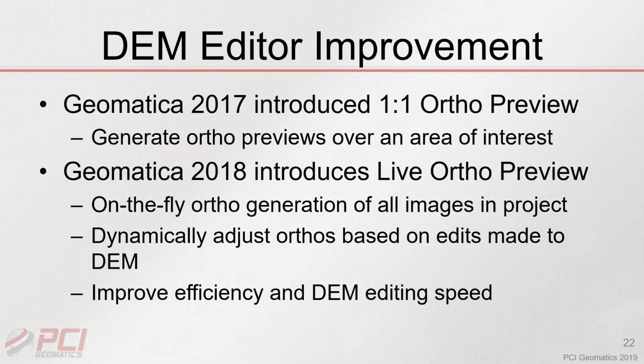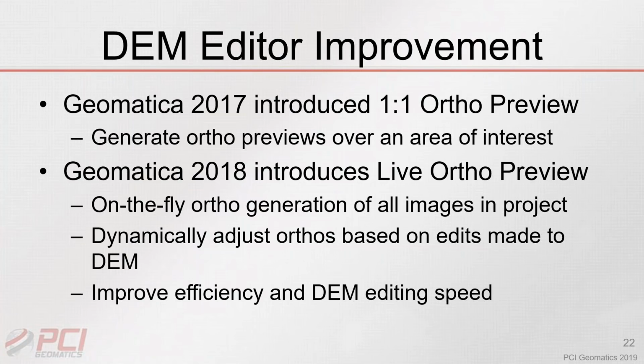In 2018, which is the current release of the software, we have improved this live ortho preview capability. We want to simply differentiate the previous version. So in 2017, a user would have to select an area of interest where they want to preview at 1:1 resolution the ortho based on the DEM edits.